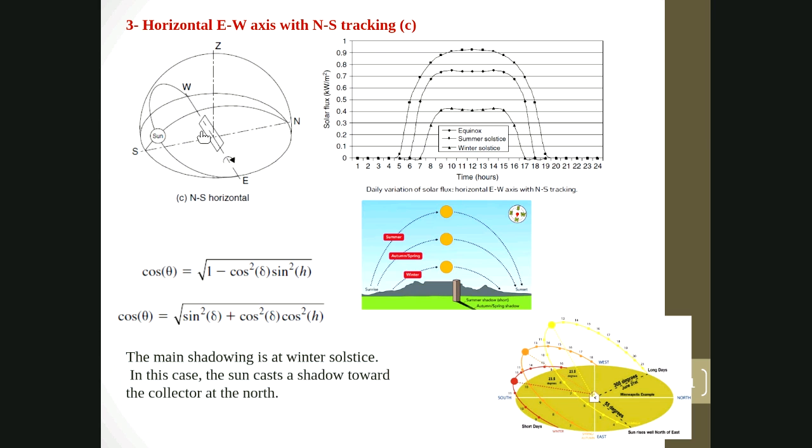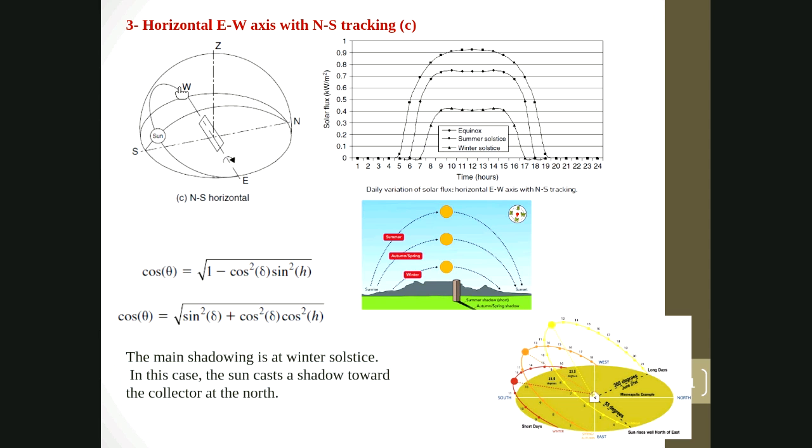This one is changing the surface azimuth and the other the tilted angle. Let me see here. This is changing north-south, and this is changing the tilted angle. Here, the axis of your collector is from east to west.